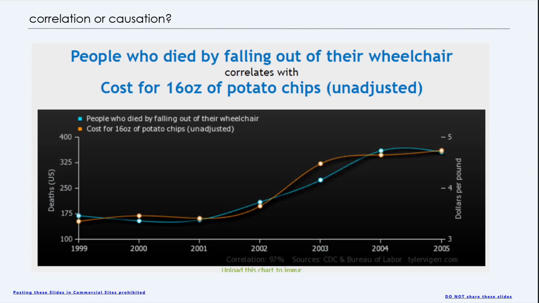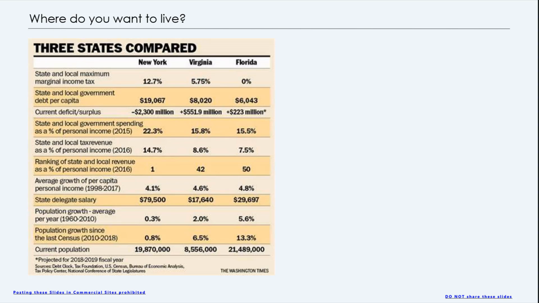Correlation or causation, this always comes up. For example, people who died by falling out of a wheelchair highly correlates with the cost of 16-ounce potato chips. But we know that this has no causation, so you have to be very careful about correlation and causation. And if you ask the question, where do you want to live?